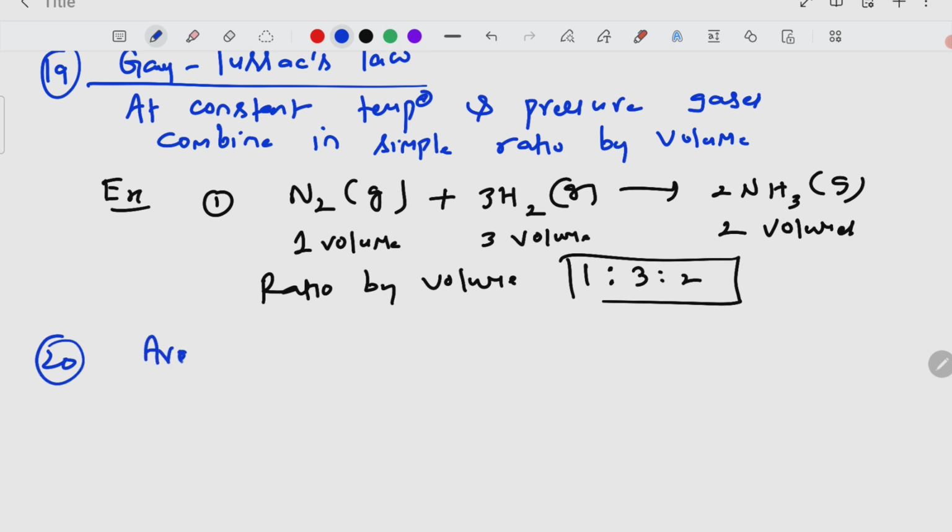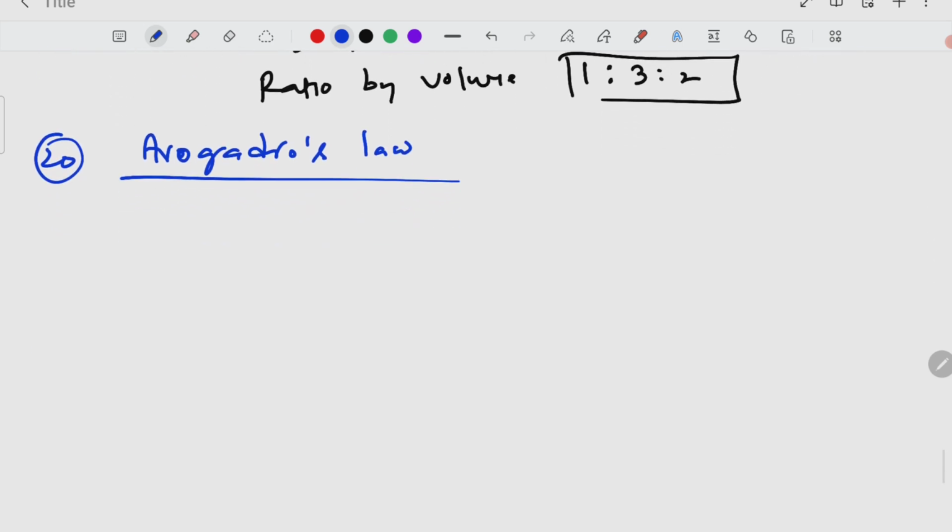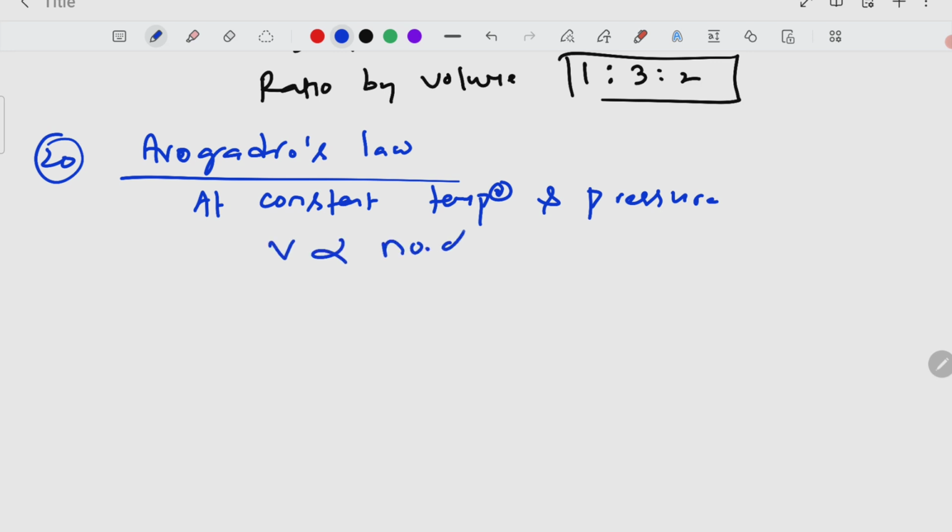Then Avogadro's law. Next statement. According to Avogadro's law, at constant temperature and pressure, volume is directly proportional to the number of molecules, which is directly proportional to the number of moles.